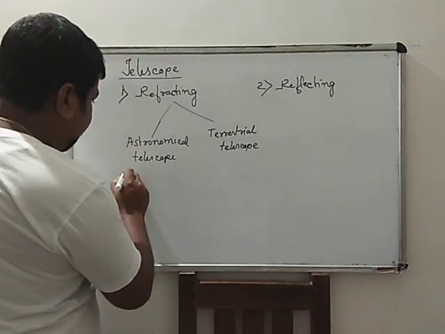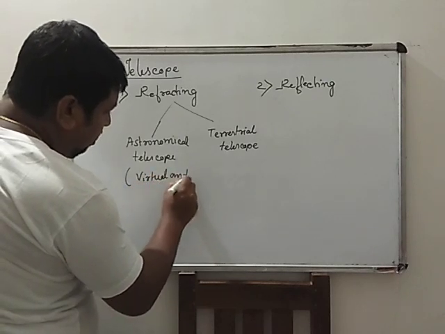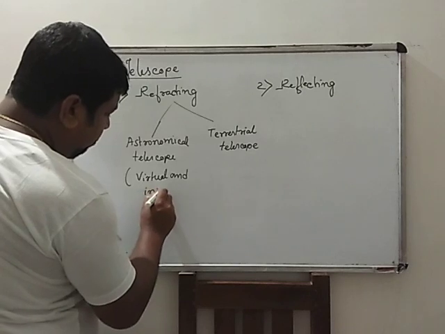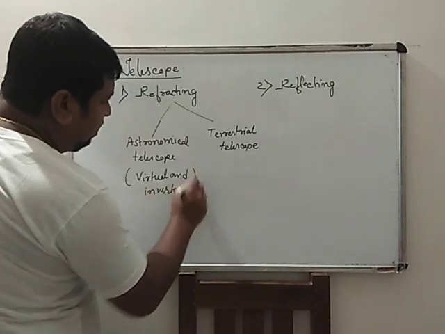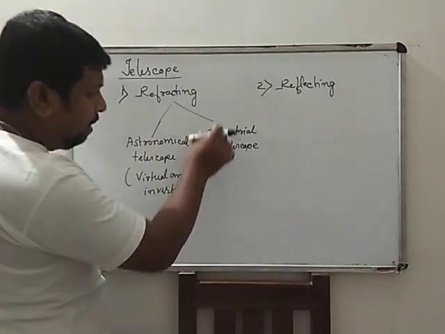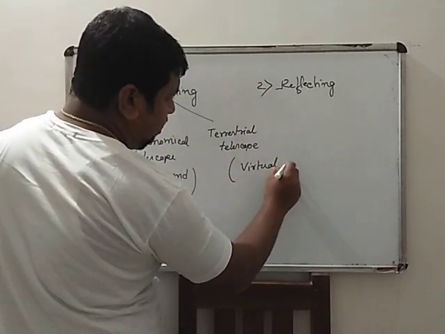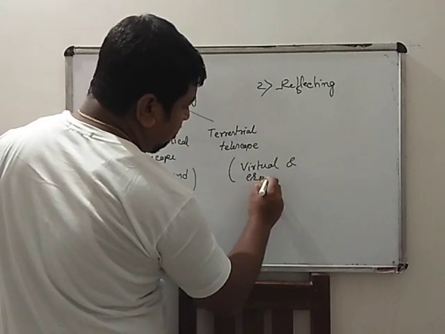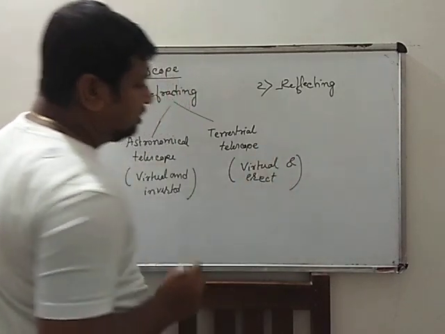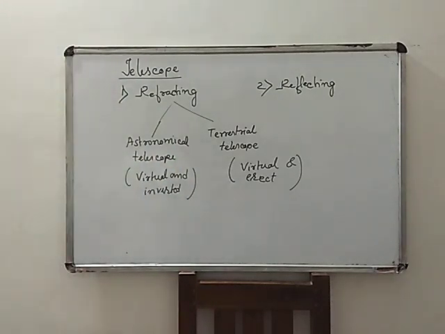In the astronomical telescope, virtual and inverted images are produced. But in the terrestrial telescope, virtual and erect images are produced.